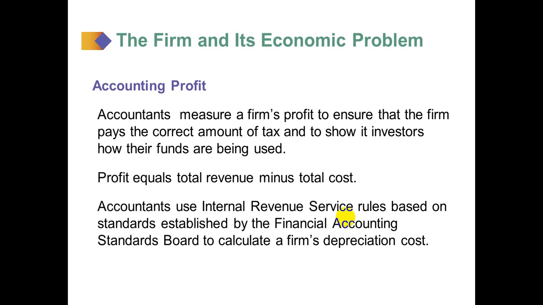If you want to calculate marginal profit, marginal profit equals marginal revenue minus marginal cost. Anyway, accountants use Internal Revenue Service rules based on standards established by the financial accounting standards to calculate a firm's depreciation cost.